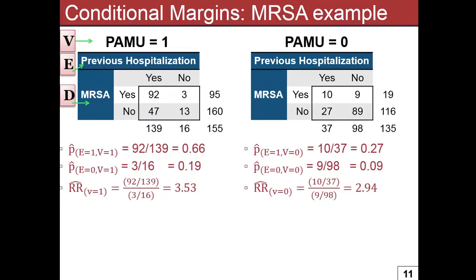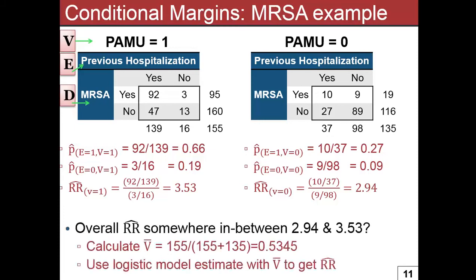So here we go. Here's the MRSA example, and let's think about a V variable being previous antimicrobial. Previous antimicrobial use was one of the V variables considered. So I'm stratifying here, and I'm showing the stratified 2x2 table on this V variable, with our exposure and our disease.